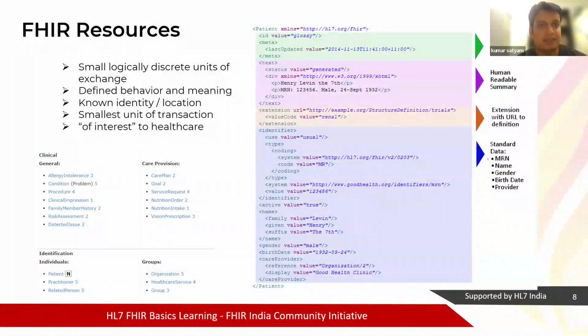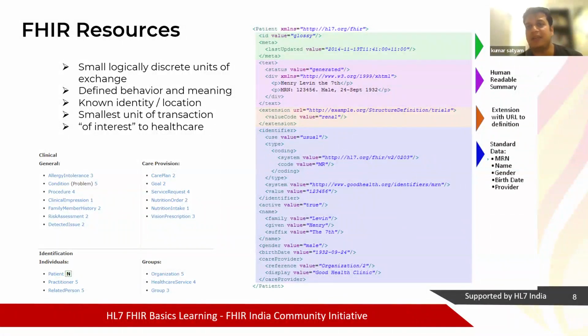They have an identity, and they can be considered as something of interest to healthcare. So resources are healthcare entities of interest. Some examples of resources are given at the bottom left-hand side. You can look at them.